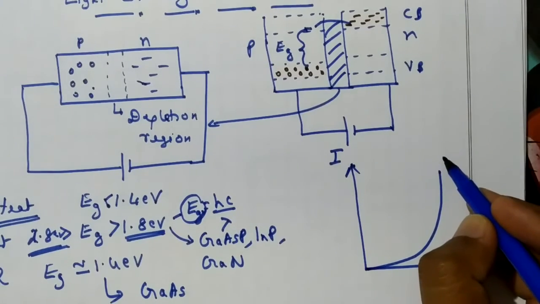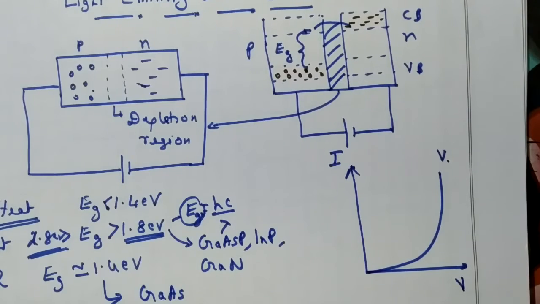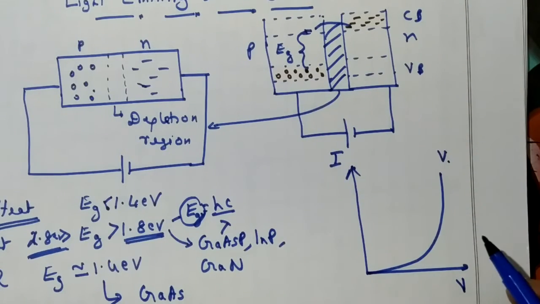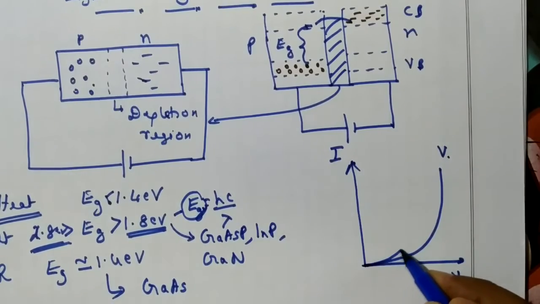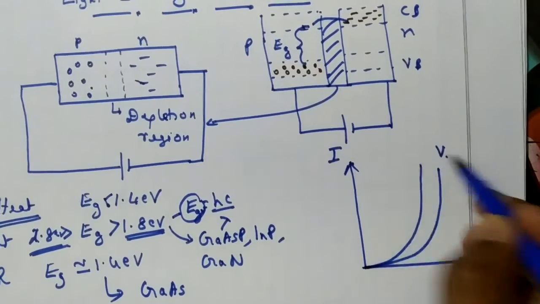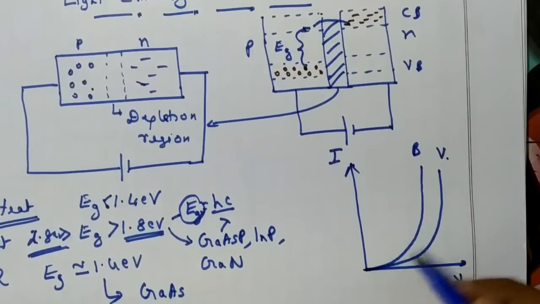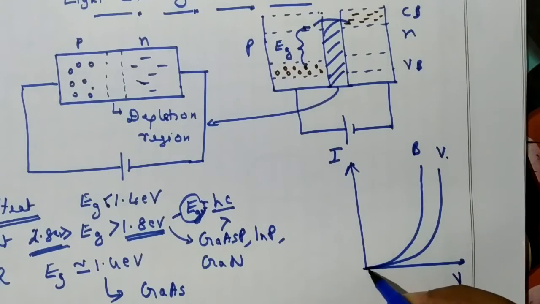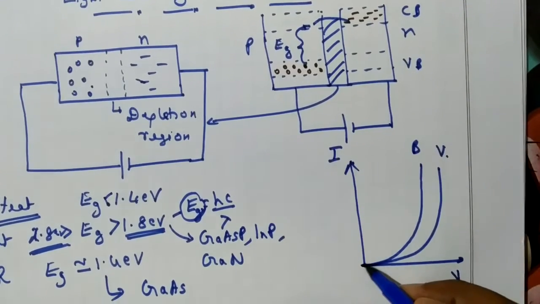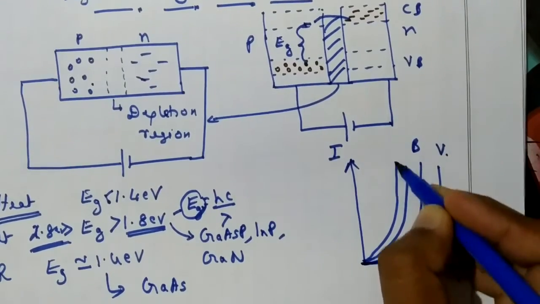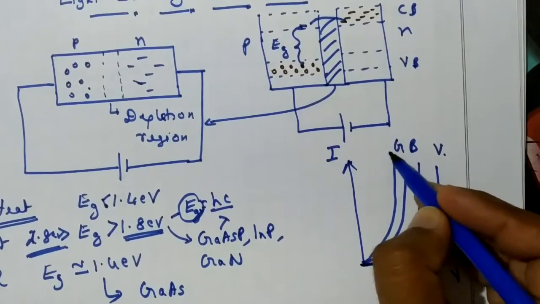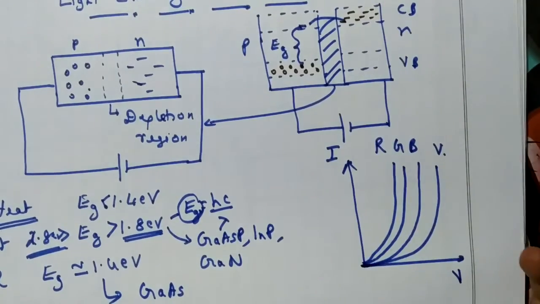This is for violet. If you take a blue LED, then the characteristics will come like this. This is for blue. Similarly, this will be for green. And this, let us say, is for red.